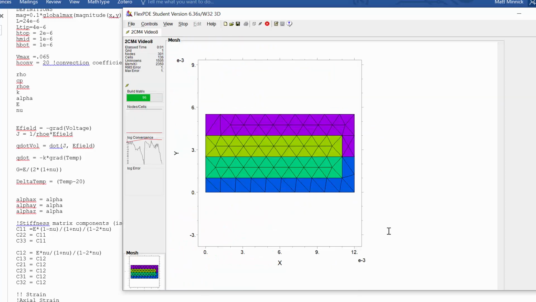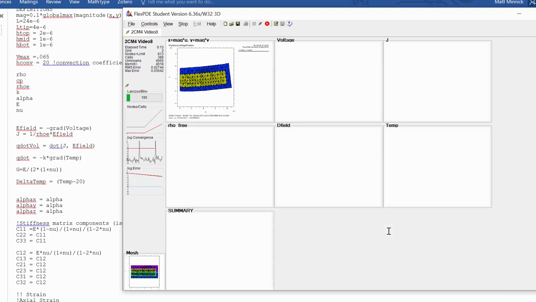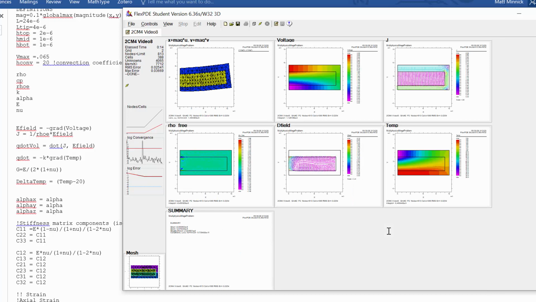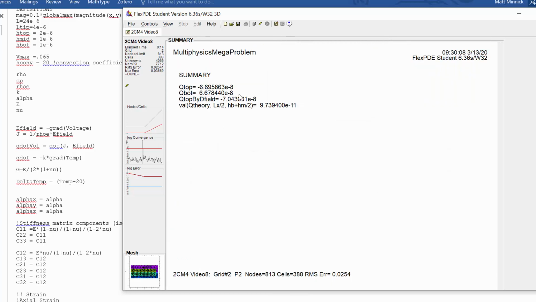Okay. So now we've got a different stiffness matrix for the metals than we have for the piezoelectric material in the middle. It doesn't change a lot because we made the stiffness of the metal around the same as the stiffness of the piezoelectric material, but it does mean slightly less charge buildup in the piezoelectric.